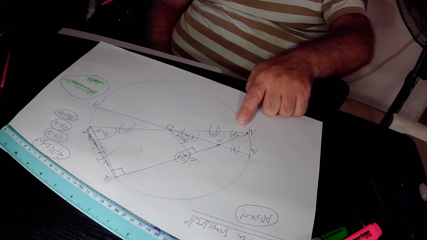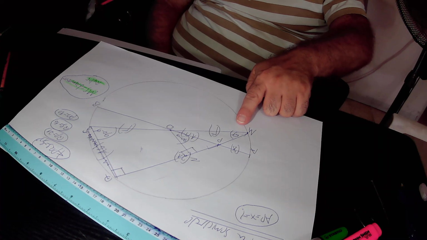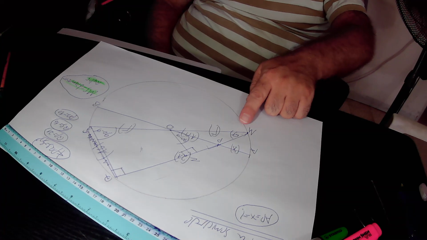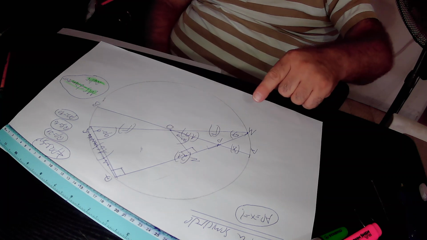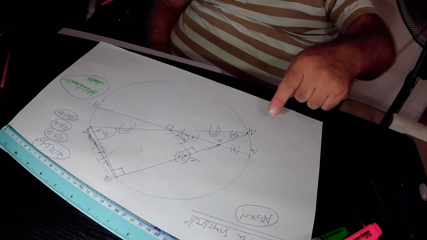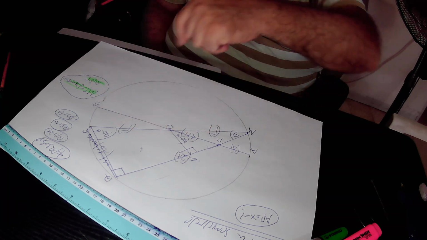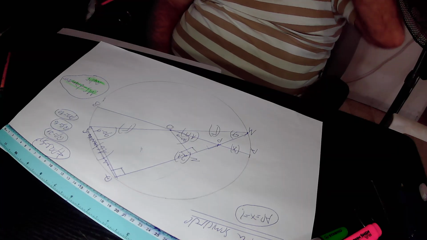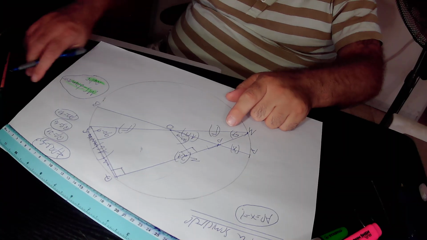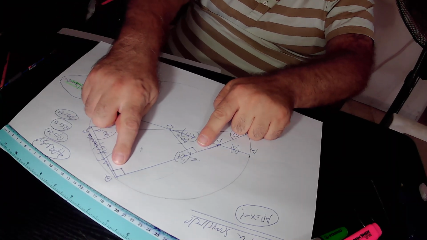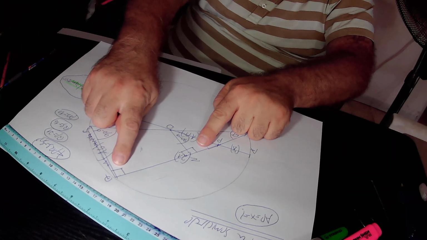That is a common angle that belongs to both triangles. Angle alpha belongs to the small right triangle MNO, and the angle alpha belongs, of course, to the big right triangle MQS. So angle alpha is a common angle that belongs to both triangles. In addition, those two angles are both equal to 90 degrees, and therefore they are equal to each other.